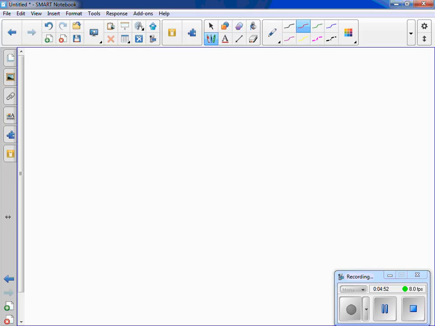So example 2. We have radical 200. Again, not a difficult task. I can't think of two numbers that multiply automatically to give me 200, so let me begin to factor it. Obviously, 2 times 100, I see that right away. So I can pull that out.